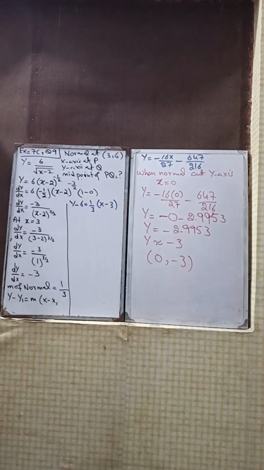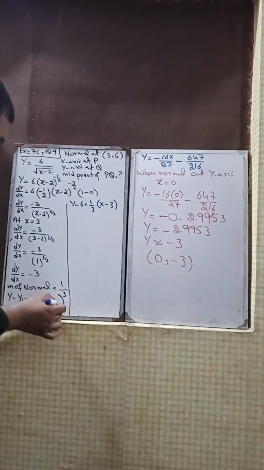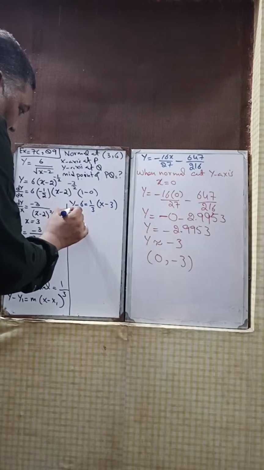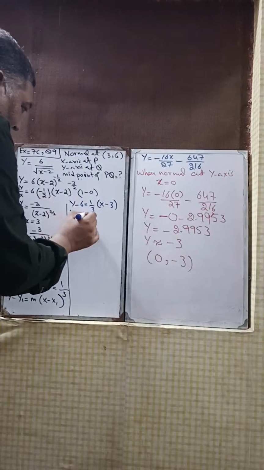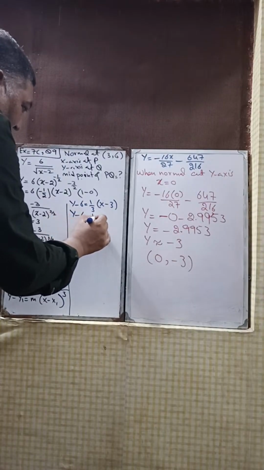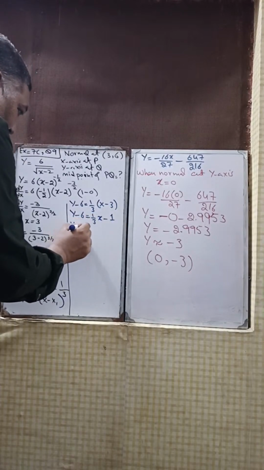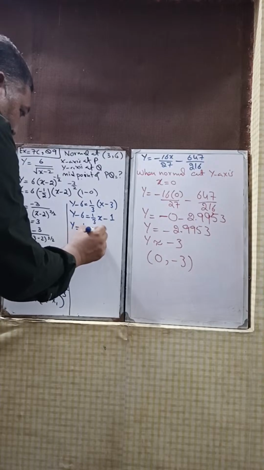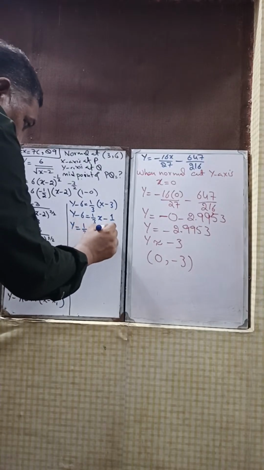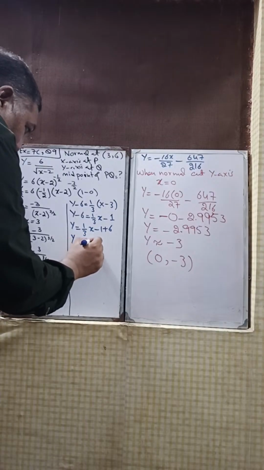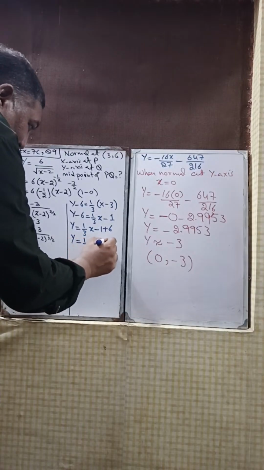The m value is 1 by 3, and the bracket goes. So y minus 6 equals 1 by 3 x minus 1, so y equals 1 by 3 x minus 1 plus 6. So y will be equal to 1 by 3 x plus 5.